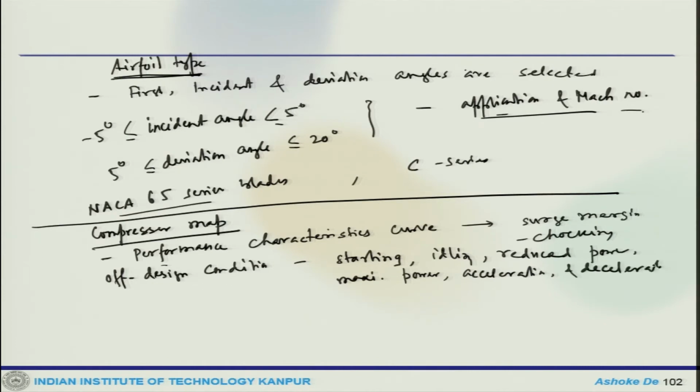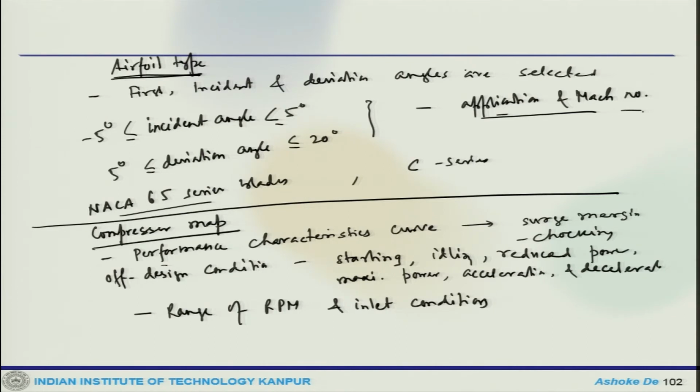So, these are some of the off design conditions. So, the compressor has to operate satisfactorily over a wide range of RPM and inlet conditions. So, this is also another condition that it has to meet.